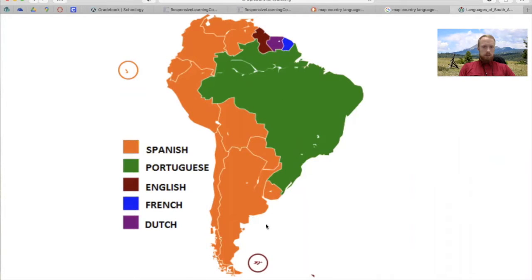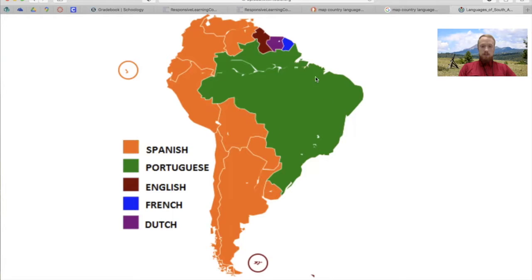So you can take a look at this map. You can see how many different languages are spoken in South America, the most common languages. Okay, now what country is this?